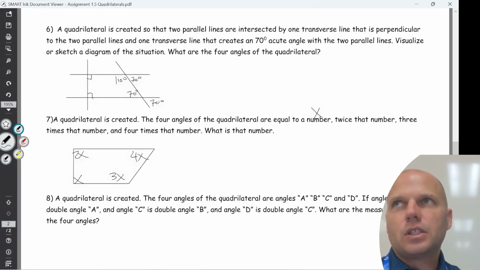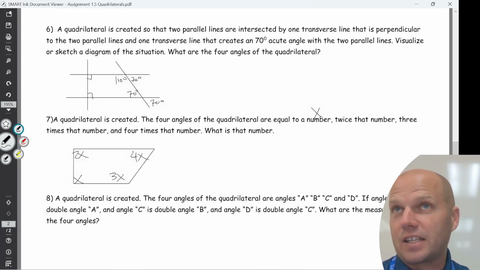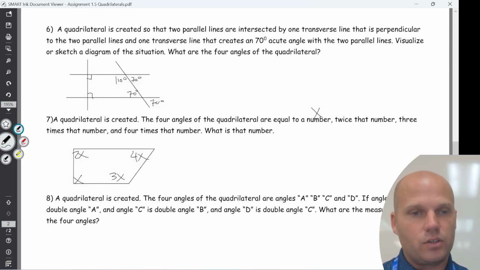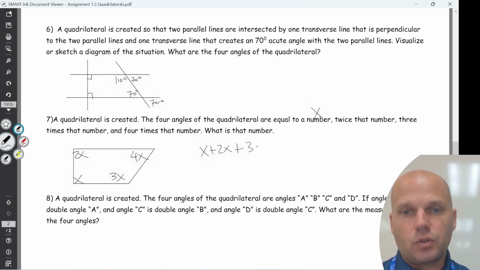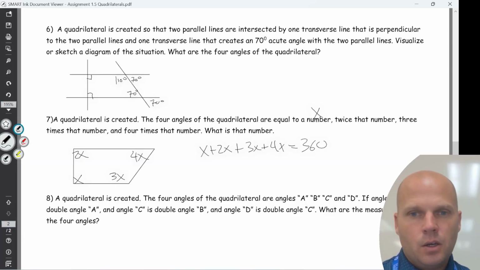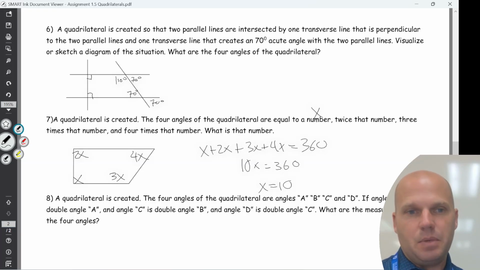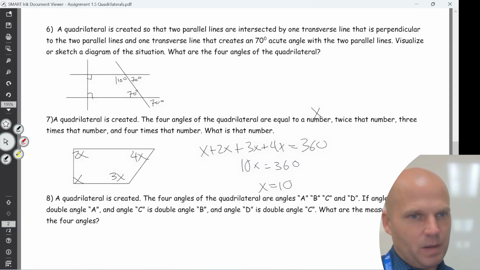A quadrilateral is created from connecting two triangles. Triangle angles add up to 180. Add up two triangles, we get 360. So x plus 2x plus 3x plus 4x equals 360. That's 10x equals 360. So that means my number has to be 10, which means my angles are 10, 20, 30, and 40.